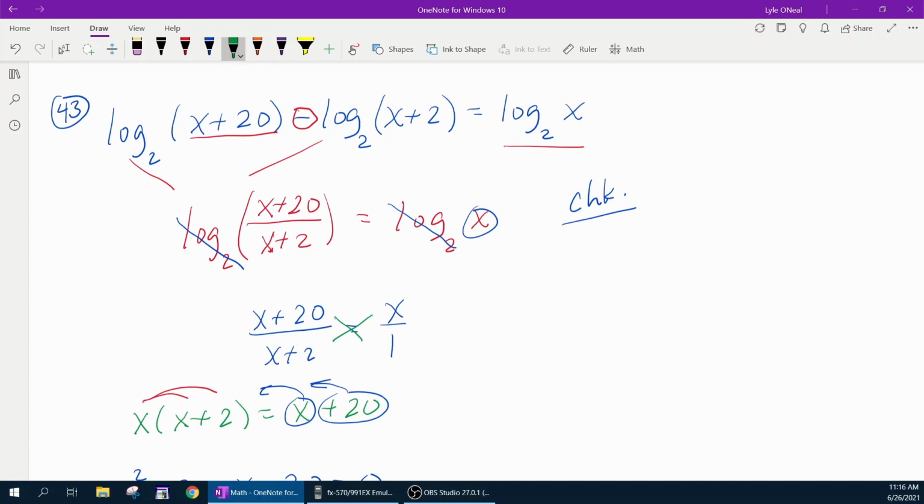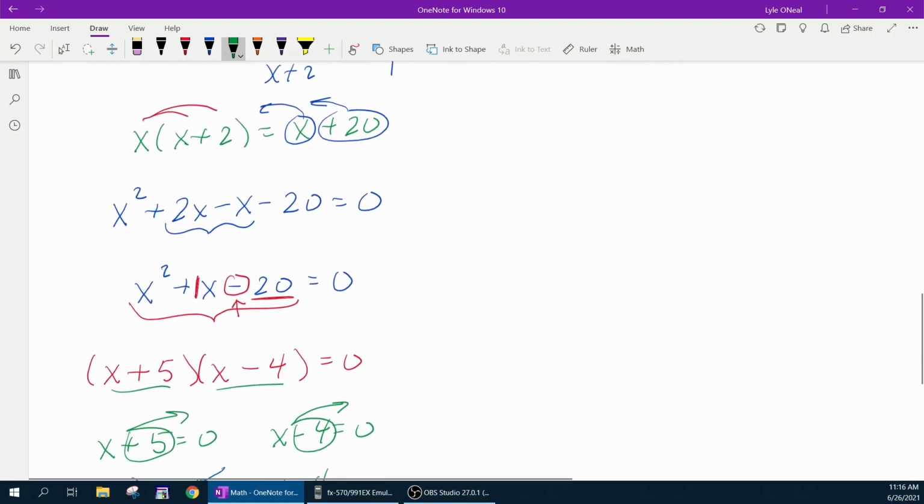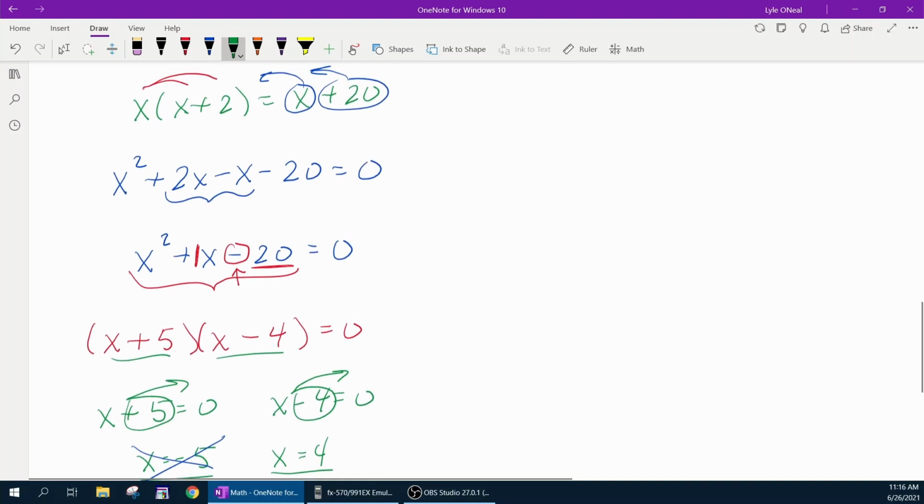So we're going to have, plugging back into the original equation, log base 2 of -5 plus 20 is 15. Remember, I'm checking the -5 first.